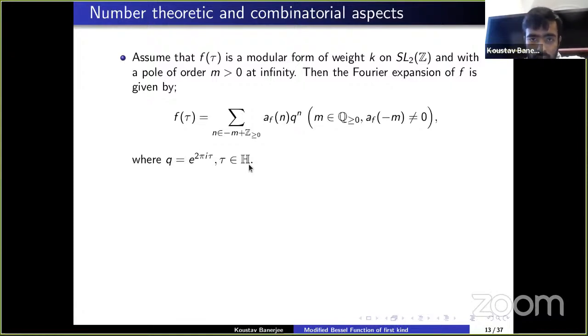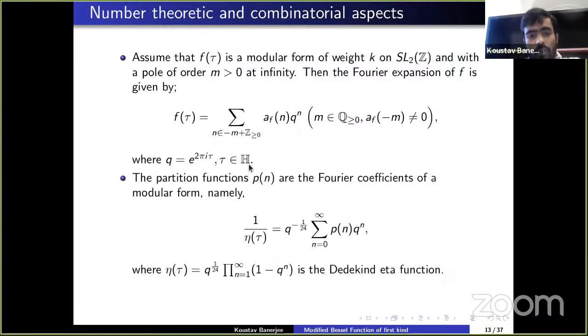So why do I put this information? These partition functions are the Fourier coefficients of a modular form, namely 1 over eta of tau, which is q to the power minus 1 over 24 times the sum over n from 0 to infinity of p of n q to the n, where eta of tau is q to the power 1 over 24 times the infinite product of 1 minus q to the n, with the absolute value of q less than 1 on the unit disk.